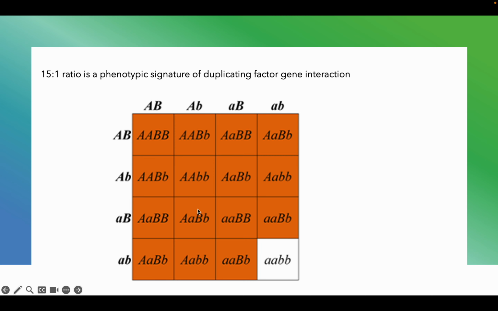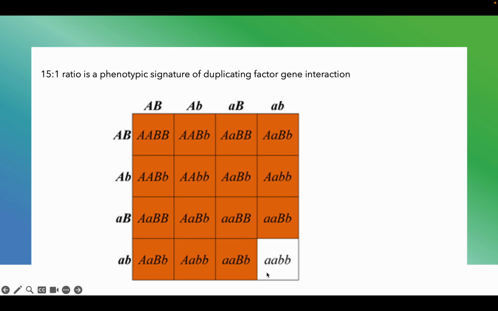Suppose we are talking about some color, like brown or white, whatever. When both of them are present, you will get brown. When only one of them is present, like here small a, but B is capital, then also you will get brown.